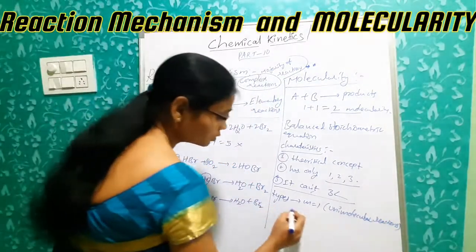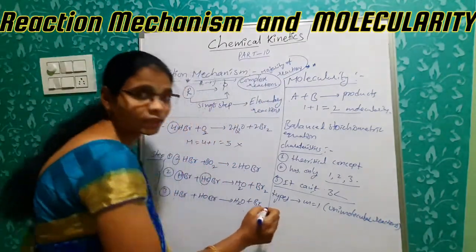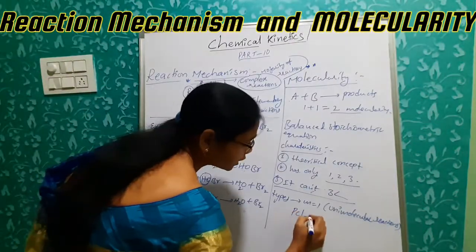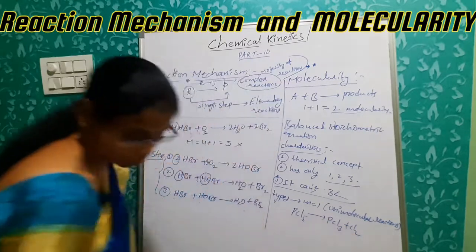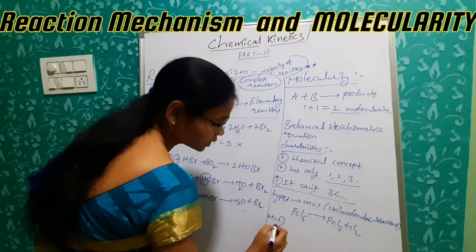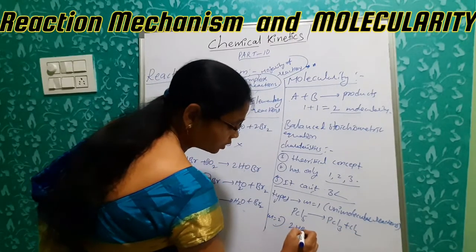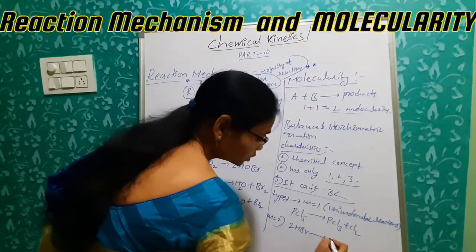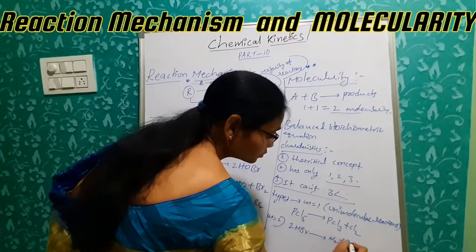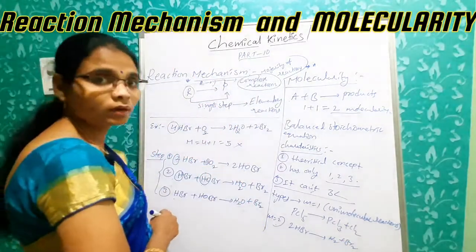Okay. Write down any example: PCl5 decomposes to give PCl3 plus Cl2. The molecularity is 2, a bimolecular reaction. Example: 2HBr decomposes to give H2 plus Br2. Okay.